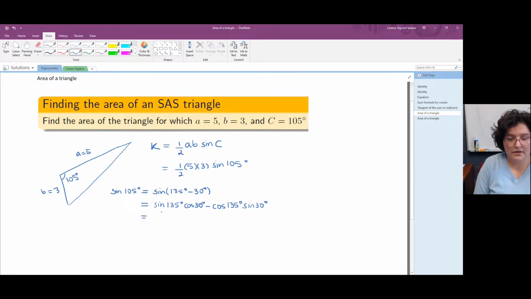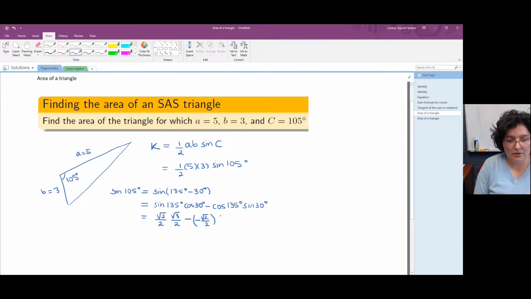And then this gives us the sine of 135, that's root of 2 over 2. When we use the unit circle, we find 135 is related to 45 degrees. The cosine of 30 degrees is root of 3 over 2. And then minus the cosine, that cosine is also related to the cosine of 45 degrees, but 135 is in quadrant 2, so there we have a negative cosine.